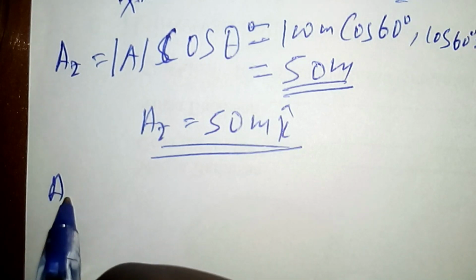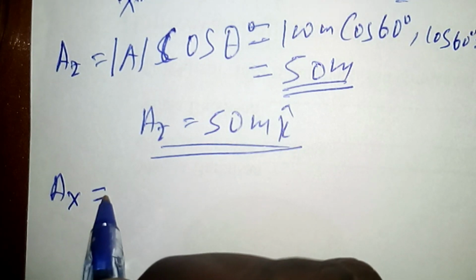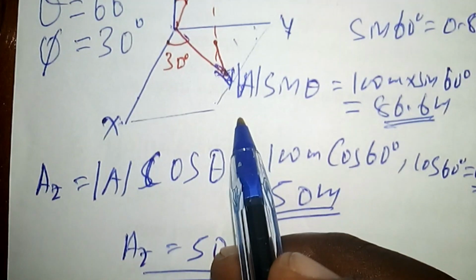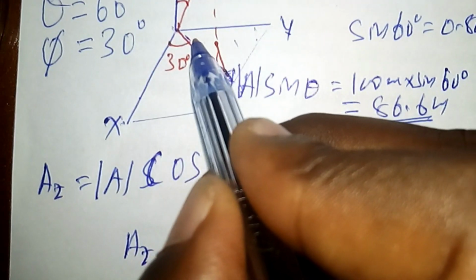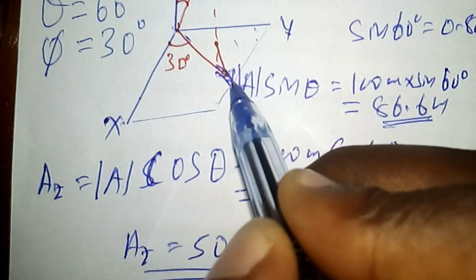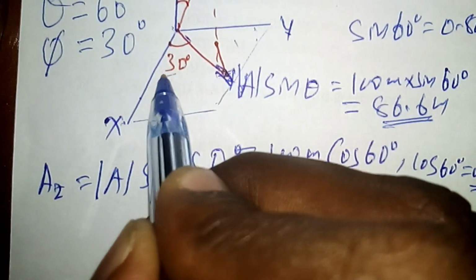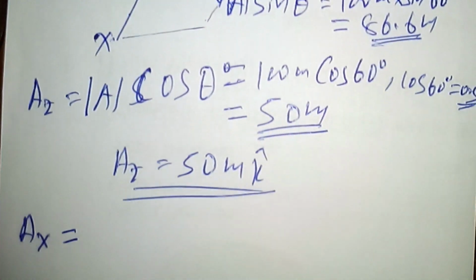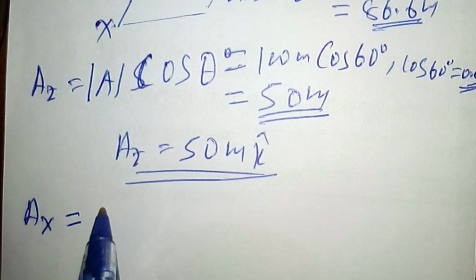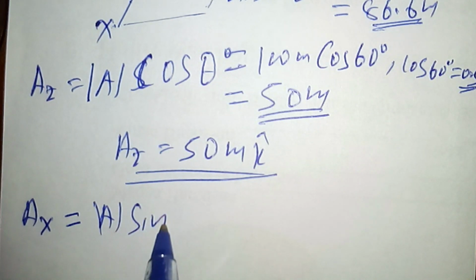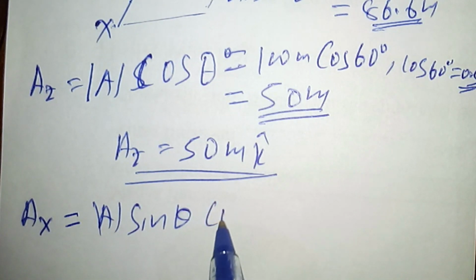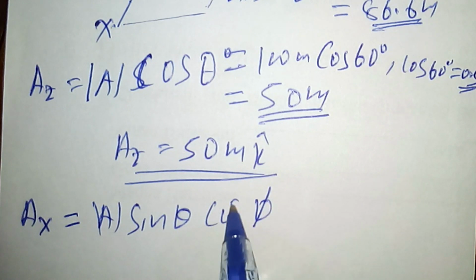The component along x is given by the magnitude of the component of vector A lying in the xy plane times the cos of this angle. So directly we can say A times sine of theta times cos of phi.